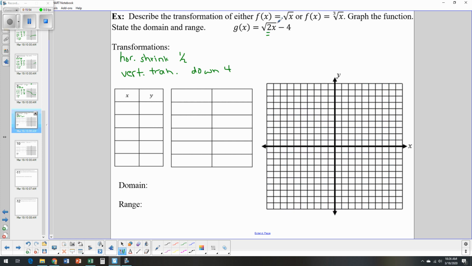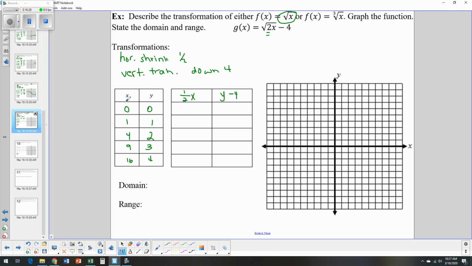Our parent function here was the square root, right? So we're going to pick 0, 1, 4, 9, 16, 0, 1, 2, 3, 4. Remember, anything that happened with the x is going to be applied to the x, so that's really this 1/2 x. And then anything that happened to the y's happens to the y exactly, so y minus 4.